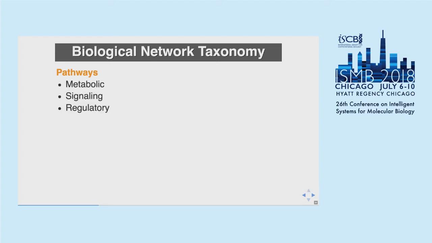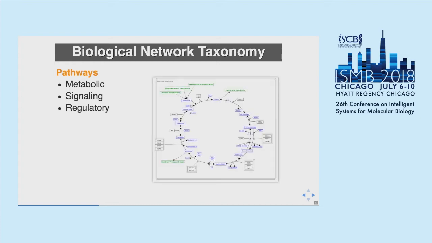We can have metabolic pathways, the Krebs cycle, or TCA cycle as it's now called. We all learned that. Some of us had to memorize it. Signaling pathways, regulatory pathways, all of these you've seen in networks. Now, look at this pathway. This does not look like a protein-protein interaction network, does it?